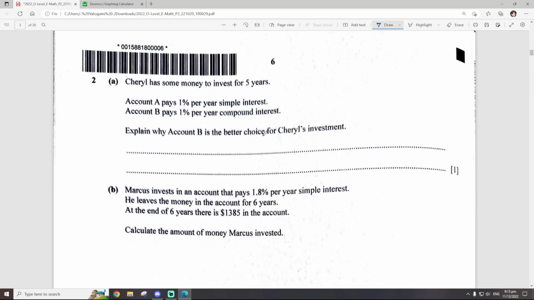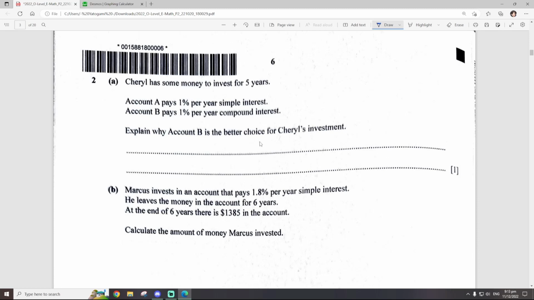Question 2. Cheryl has some money to invest for 5 years. So account A has 1% per year simple interest. The other account has 1% compound interest. Explain why account B is the better choice. I know this sounds like they're insulting your intelligence, but seriously, they do actually want to know whether you understand the context.